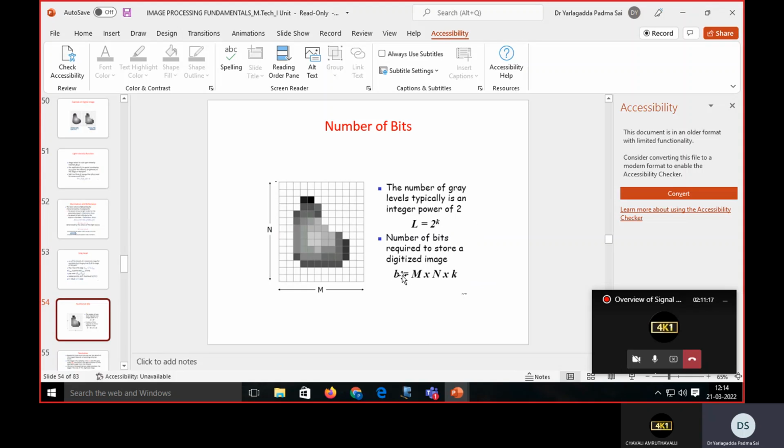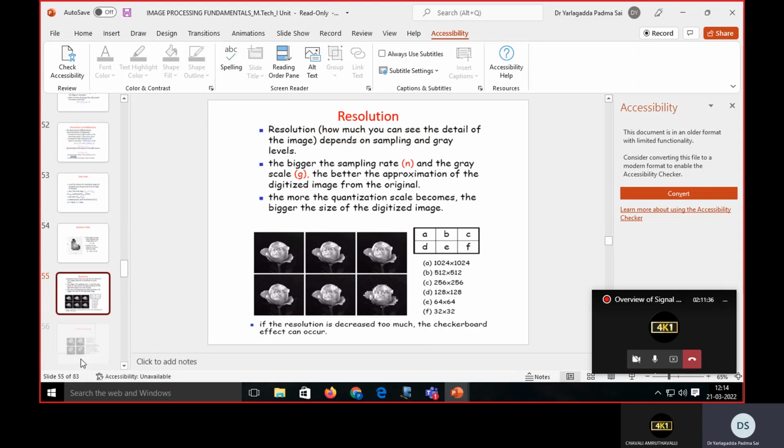Now, for an m by n image, the number of storage bits required to store one image is m into n into k. As it is increasing, the memory is increasing. You can't use whatever you want. There is a restriction.